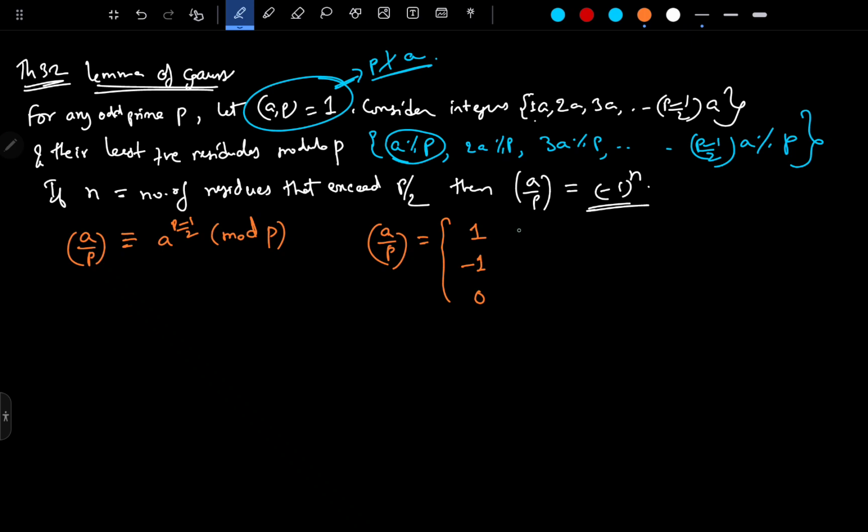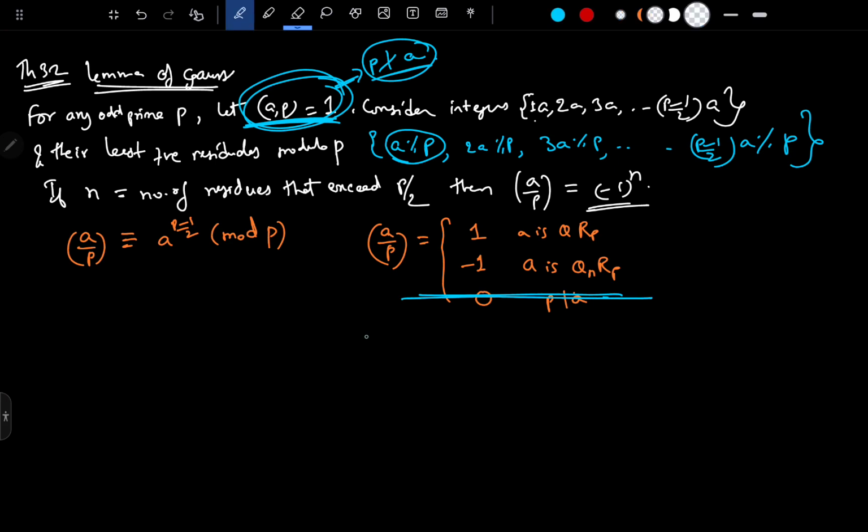It is 1 when a is a quadratic residue modulo p, minus 1 when a is a quadratic non-residue modulo p, and 0 when p divides a. Since we are considering GCD of a and p as 1, that means p doesn't divide a, so we are not talking about this case.